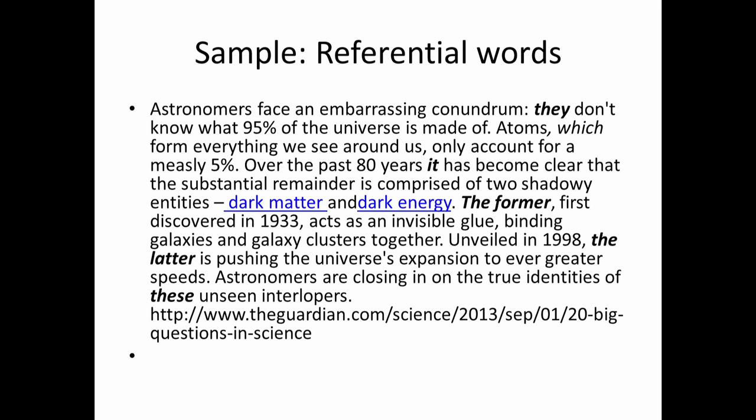So, remember, the former refers to the dark matter. We are not saying the dark matter first discovered in 1933. We want to be more elegant in our expression. Therefore, we do not want to use the same word again and again, and that is the purpose of using references. Now, again look at the slide. The latter stands for dark energy, which is pushing the universe's expansion to ever greater speeds.